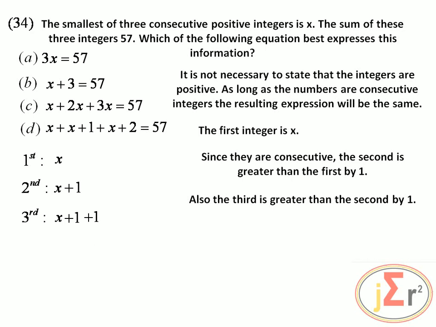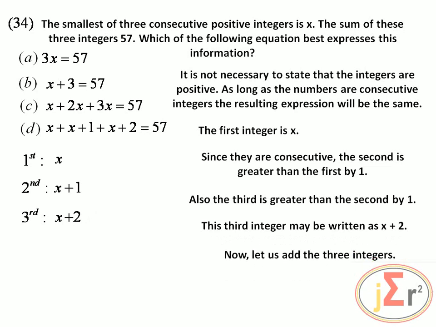So the third is x plus 1 plus 1. And of course, 1 plus 1 is 2, everybody knows that. So this third integer may be written as x plus 2. Right there, no problem whatsoever.